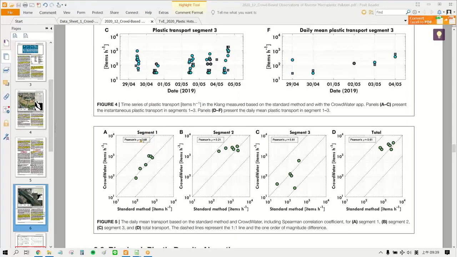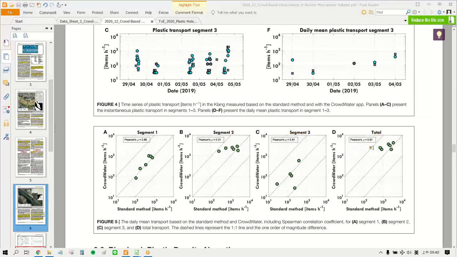It's very close to 1. So you can see if there's more dirty or more plastic calculated by the standard method, there also will be more plastic calculated by the new method.